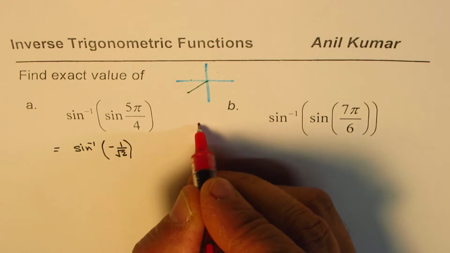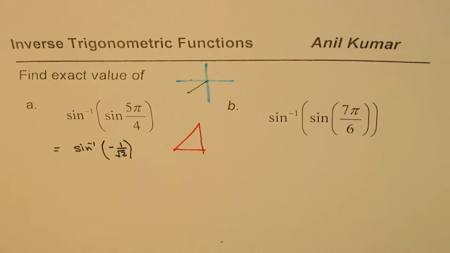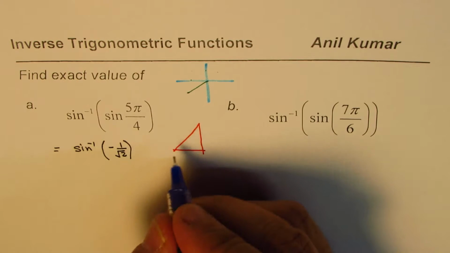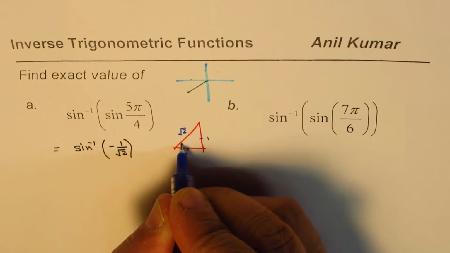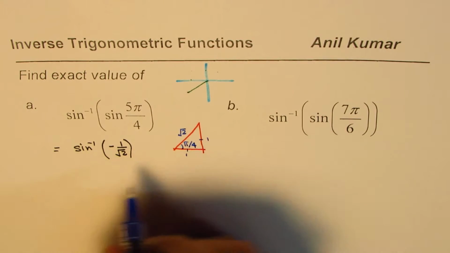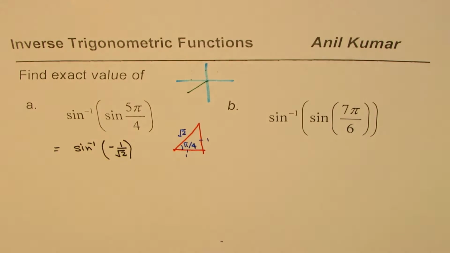So the pi by 4 triangle is like this, where the sides are equal and the hypotenuse is square root 2, right? That is pi by 4. So we get sine inverse of minus 1 over square root 2. Now when is sine negative?